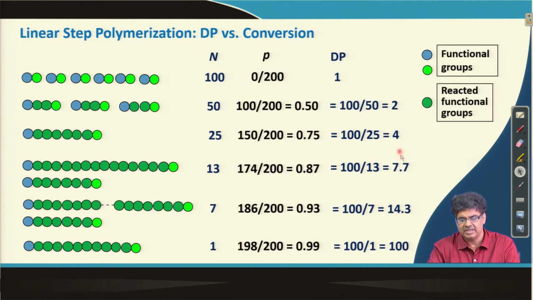So, please note that degree of polymerization is given by N0, the number of molecules at the beginning, divided by the number of molecules N at the present time, and P is the fraction of functional groups which reacted.